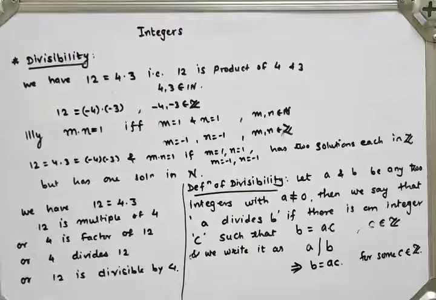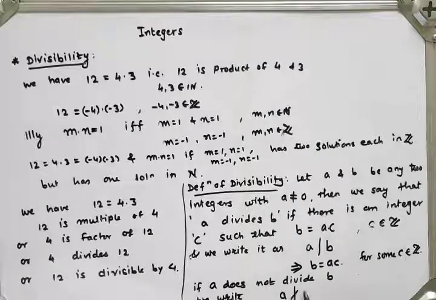In case A does not divide B, then we write it as A does not divide B with this notation. For example, suppose 5 and 2 are the numbers.